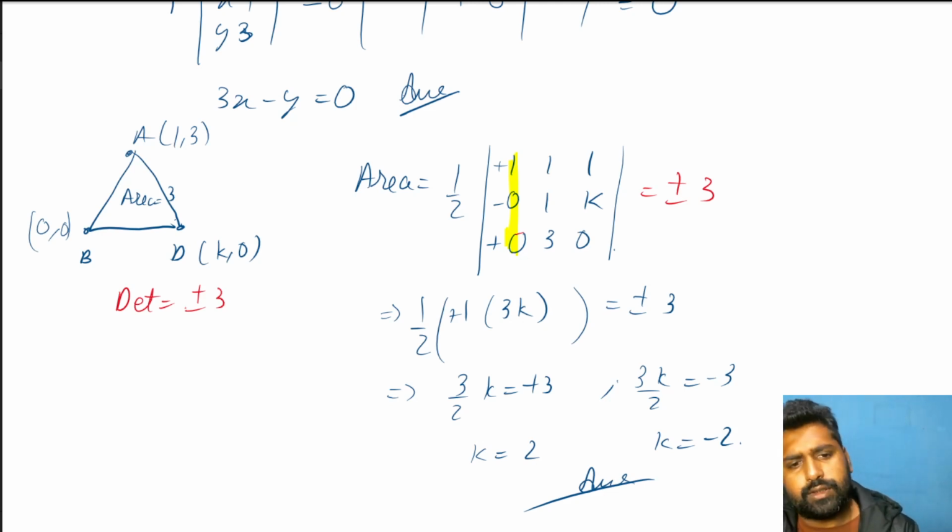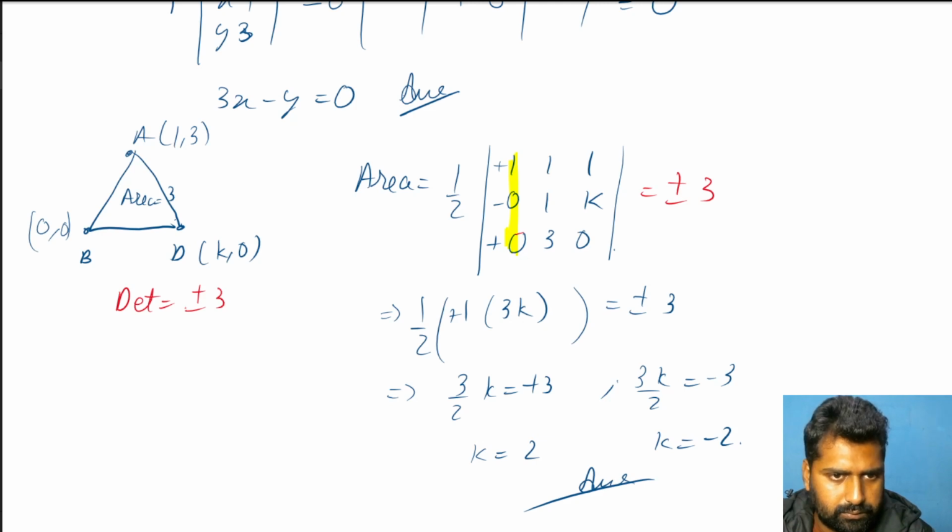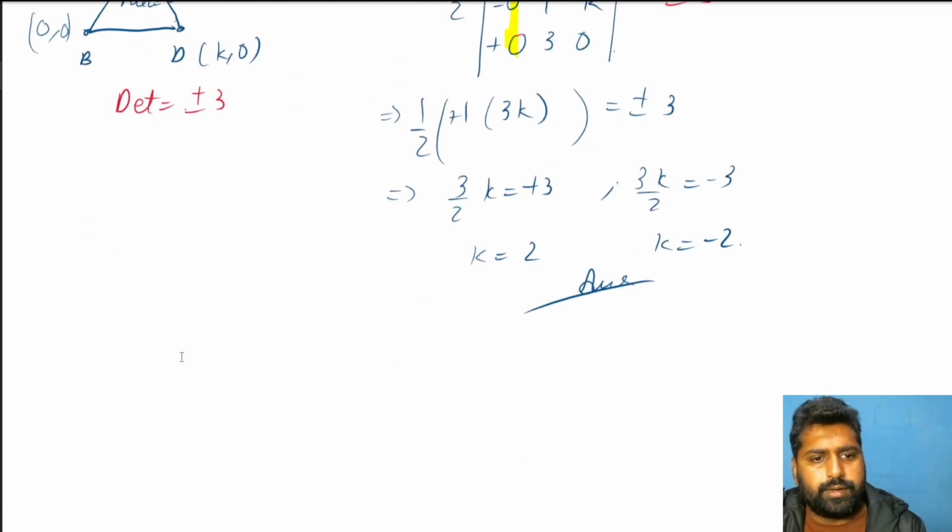Fine. Now that you have learned the application part, let's move to the next point. I'll take one example to explain the whole concept of the next question. Okay, next question.